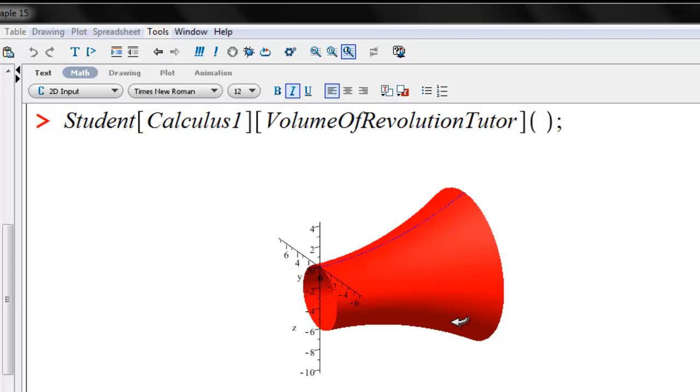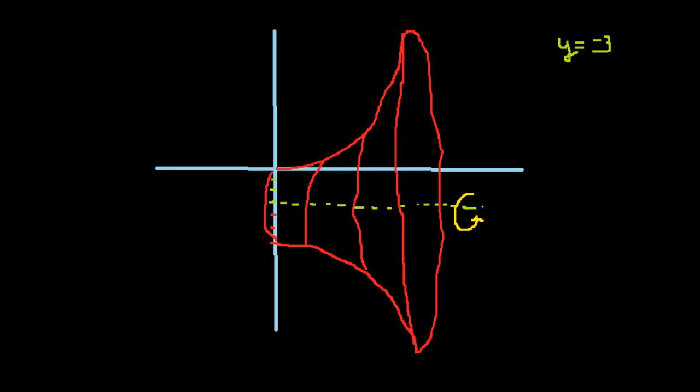We can plot that here. Now, to calculate the volume, I'd like to hop back over here and draw a representative disk. So the disk that I'm going to draw, remember that the height of the disk is parallel to the axis of revolution, and here's the front edge of the disk, and back up the back side. So there's a little disk, and here's the center of the disk right on that axis of revolution.